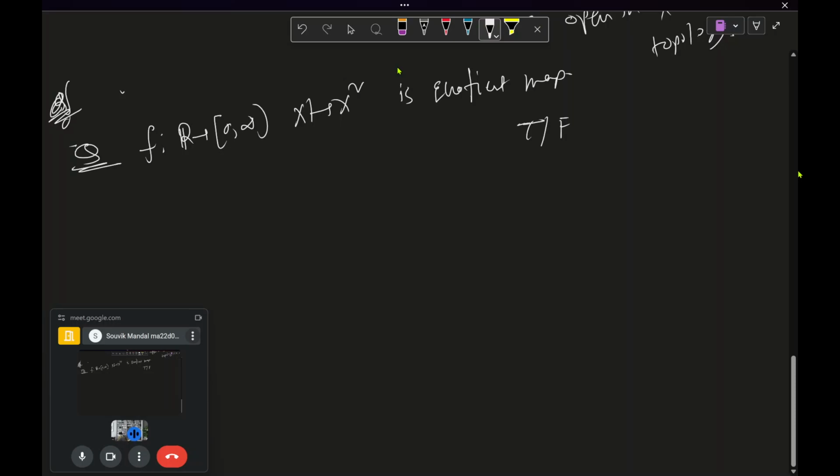So first we will check this map is continuous and surjective. Of course, this map is continuous and surjective.